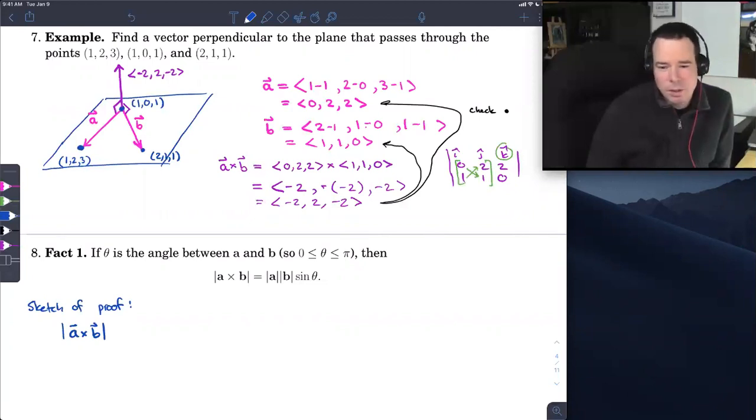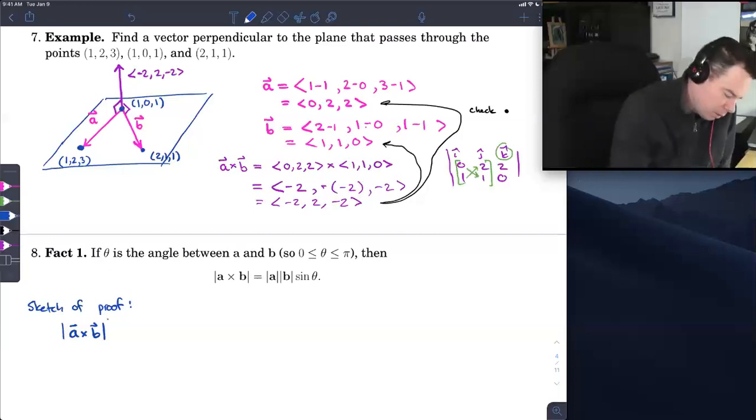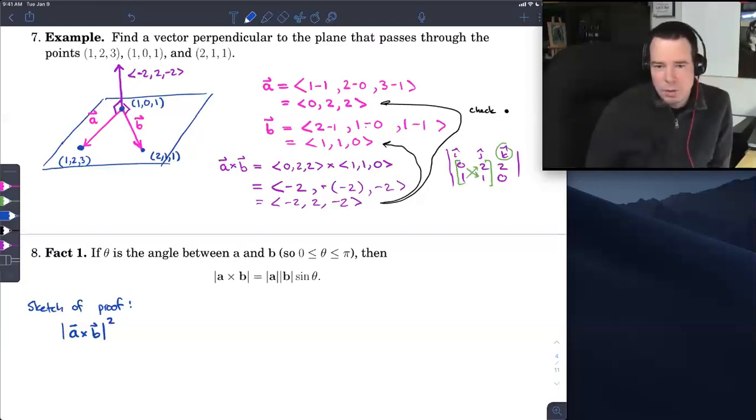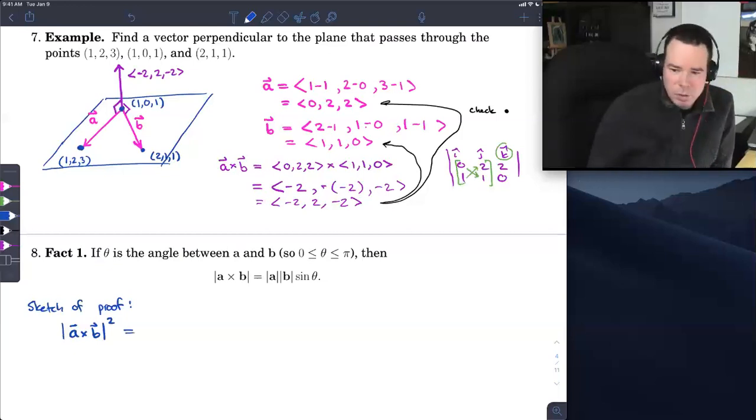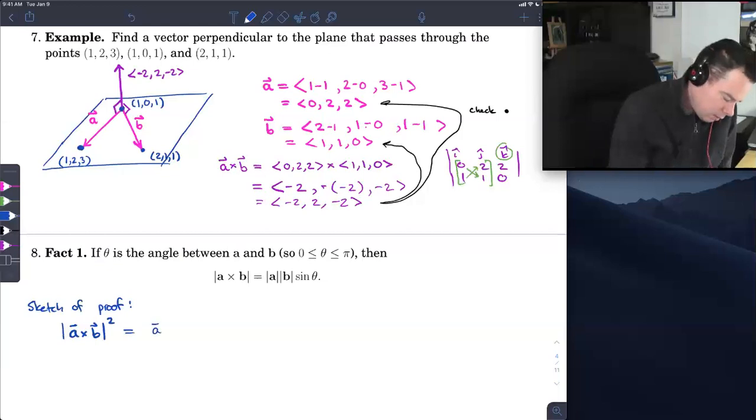But it's easier to work with the magnitude squared, because when I do a magnitude, I've got to take the square root of the sum of the squares of the components. So I'm going to work with the square of the magnitude, because that eliminates having to work with square roots. So what is the magnitude squared? Well, that is the dot product of the vector with itself.